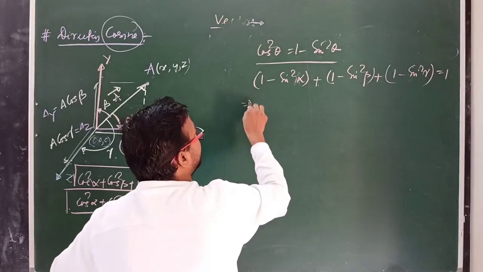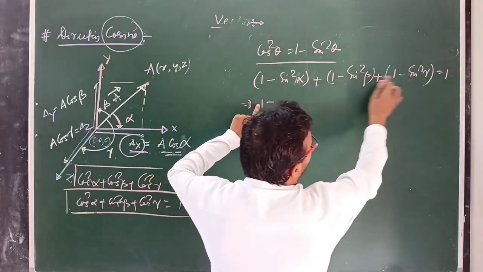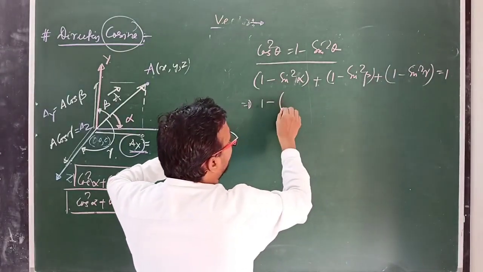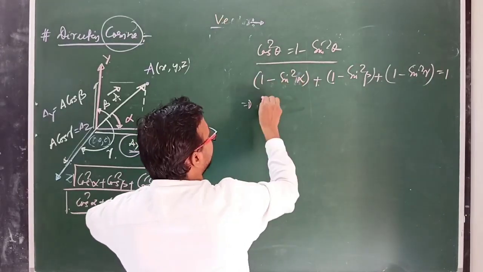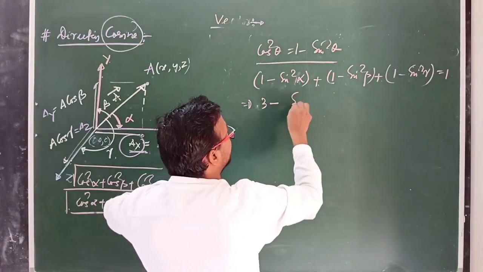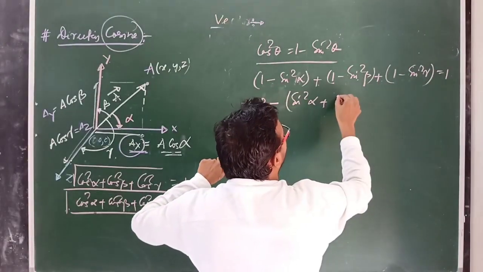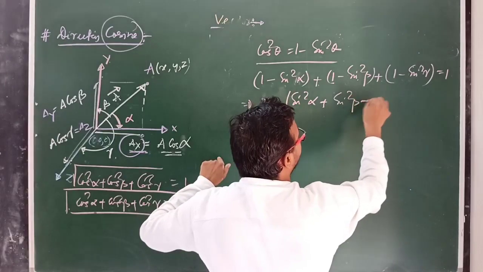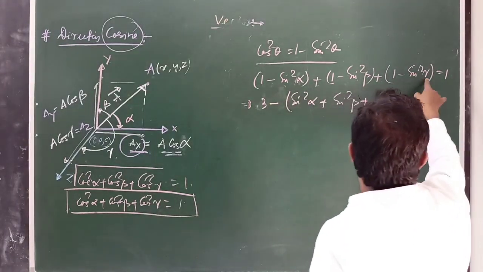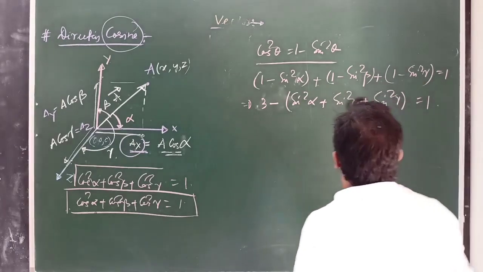Now solve this: 1 plus 1 plus 1 is 3, minus sin square alpha plus sin square beta plus sin square gamma, equals 1. Clear?